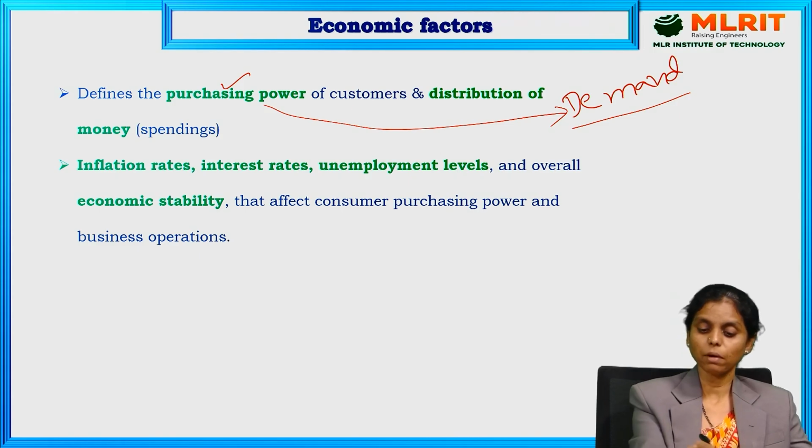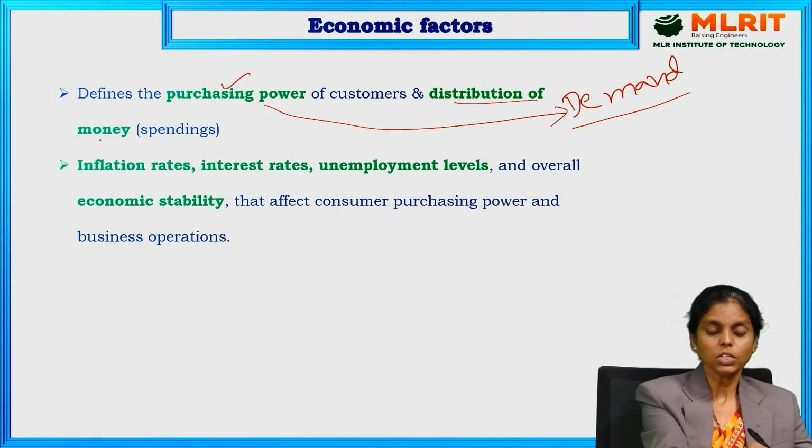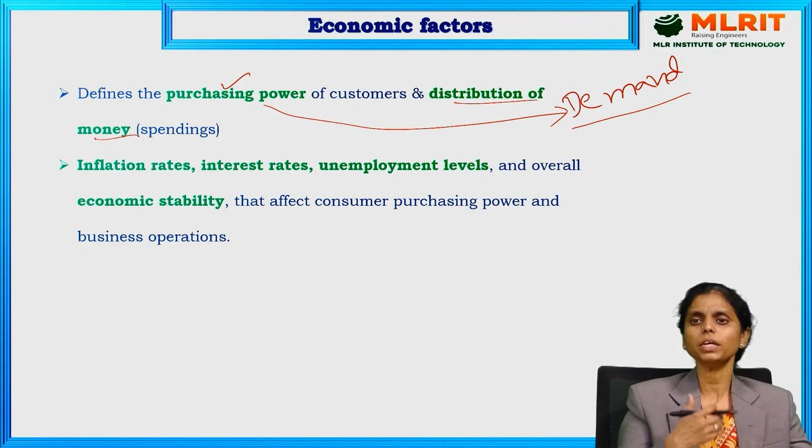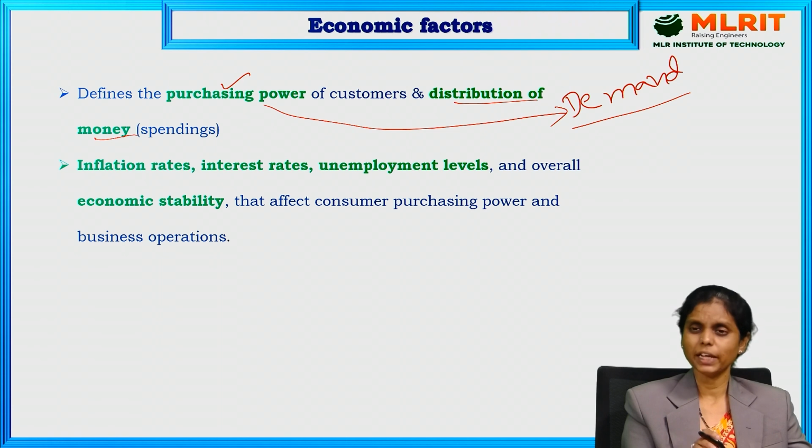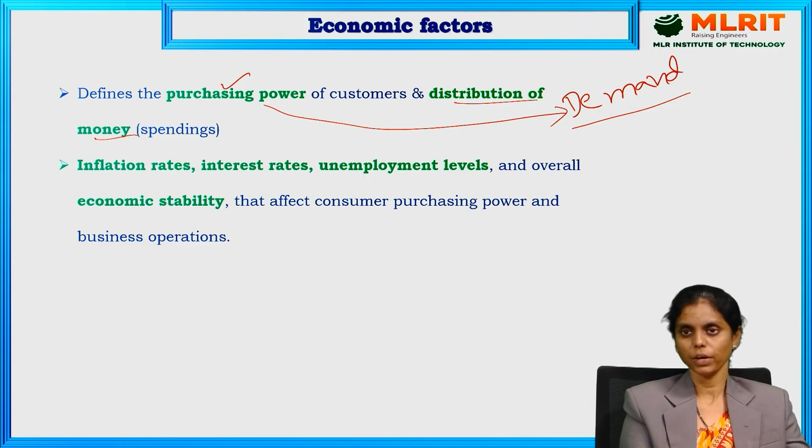Now, purchasing power of a customer, and at the same time distribution of money, that means how they are spending their money, how much they are spending towards savings, monthly expenses, education, health, all these represent the distribution of money. Depending upon this, the demand for a product will change.